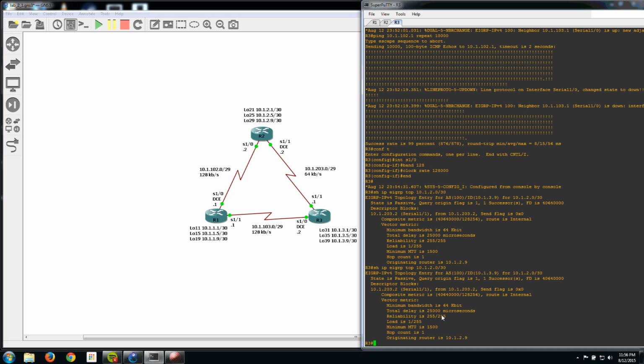We should actually be getting 2 of them. Let's see here, we had 10.1.20.0 going through 10.1.23.2. That's not what I'm expecting to see.